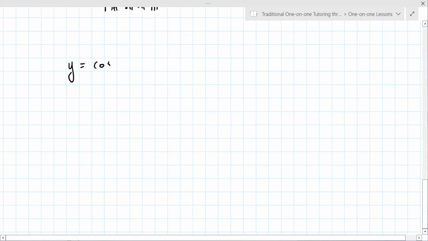So let's say I want you to graph cosine pi over 4x. So the period for cosine is 2 pi over b. B is that number in front of x.